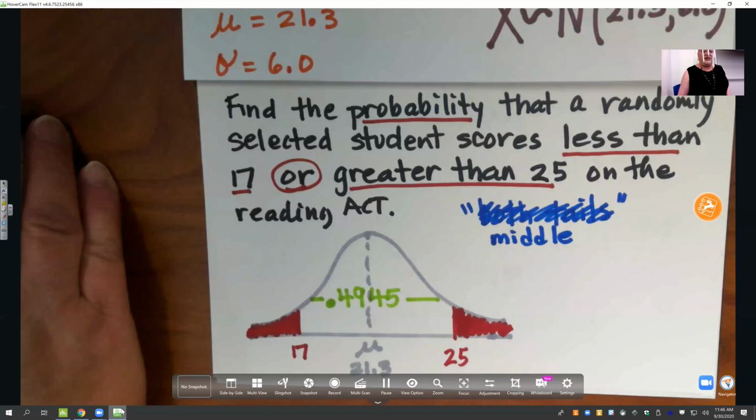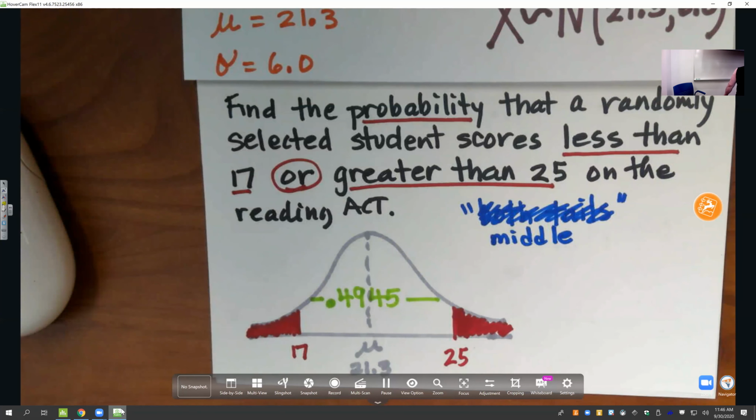Minitab tells me that this region from 17 to 25 is 0.4945. That's this area in the middle. I'm looking for these regions on the end.